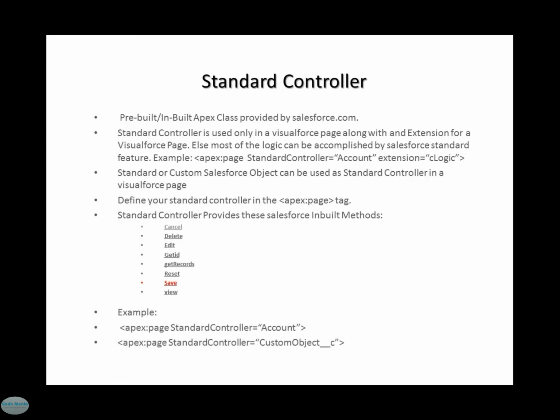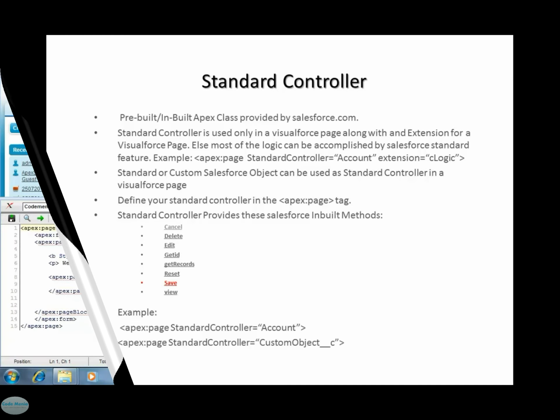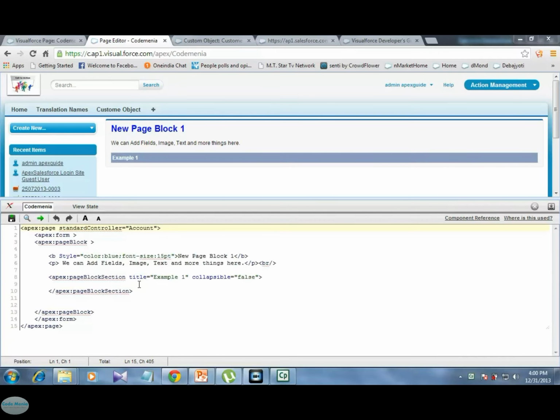For example, here an Apex page uses a standard controller for a standard object, and also a standard controller for a custom object. You can write the custom object name or standard object name in the Apex page standard controller attribute. Let's go through an example to get a better understanding of the standard controller.